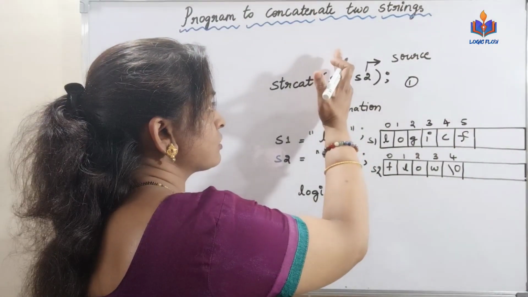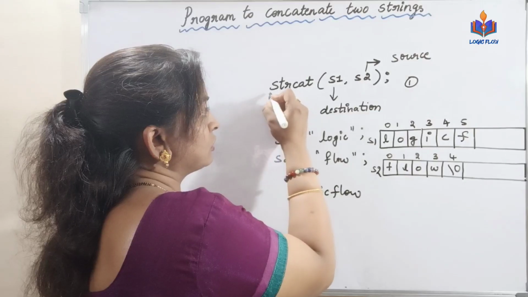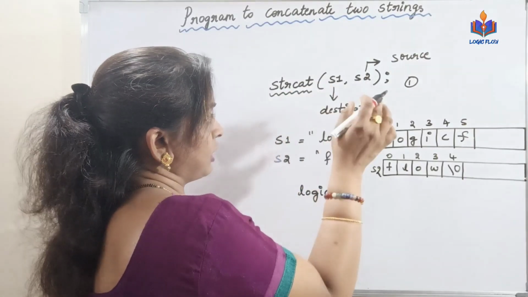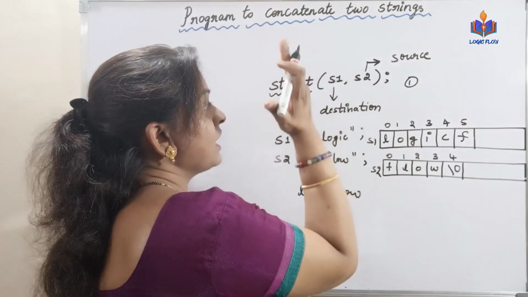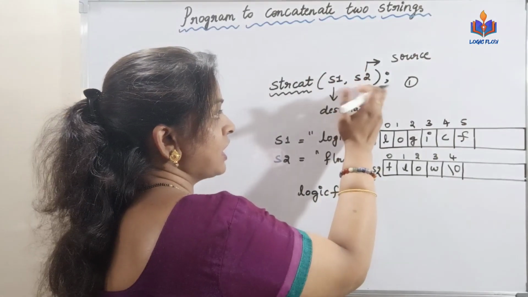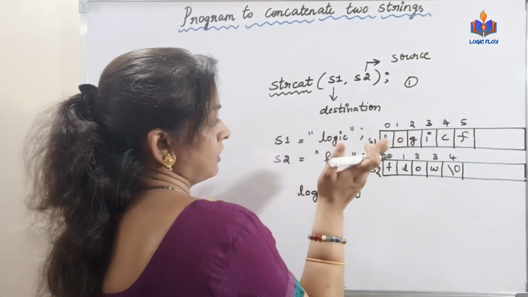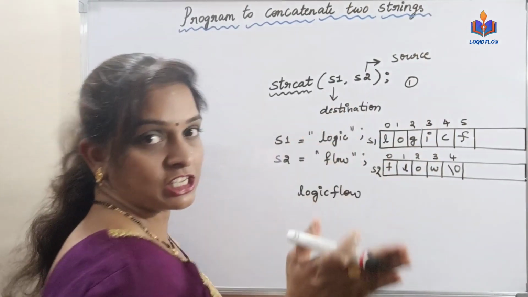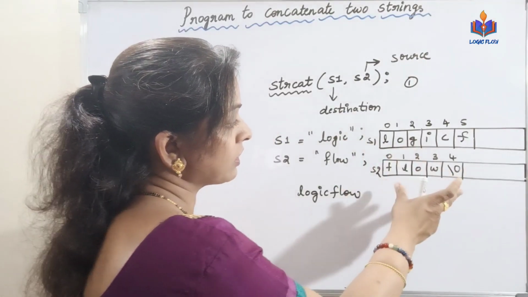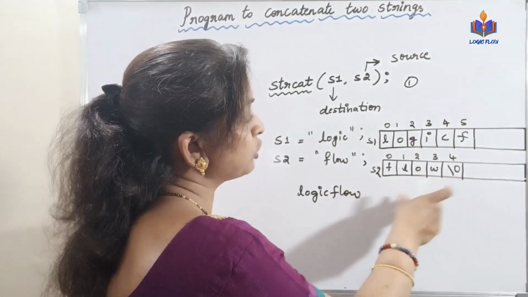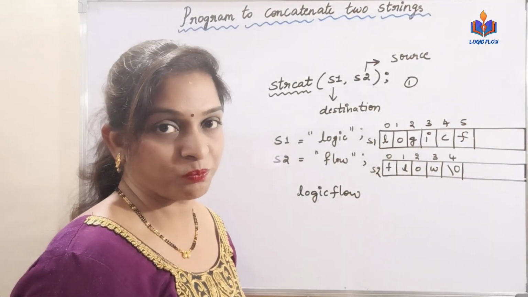But always the first argument that we give to the string concatenation function is the destination. The second argument is the source. So S2 will be combined with S1. This is the first point. The second point is, when I am appending string 2 to S1, S1 should have sufficient space also.